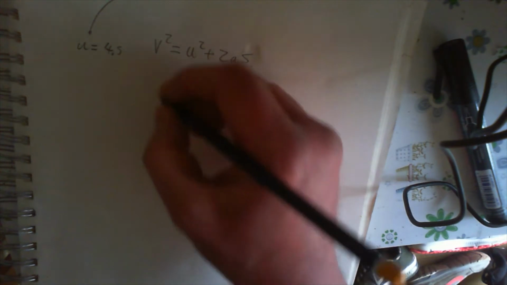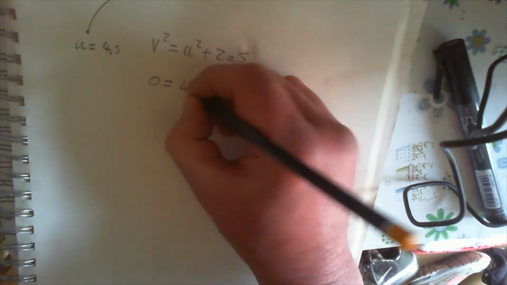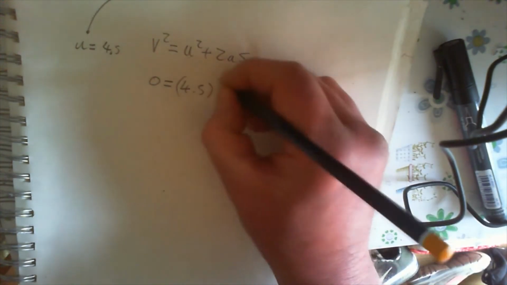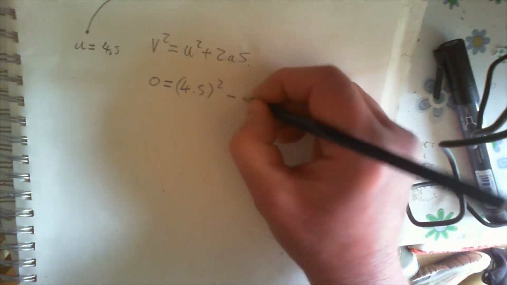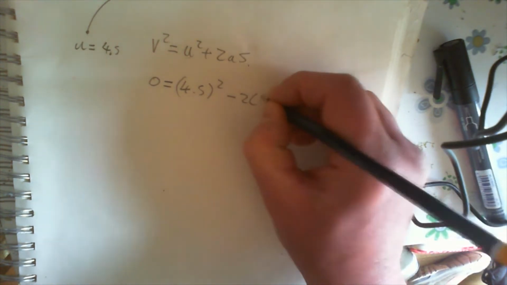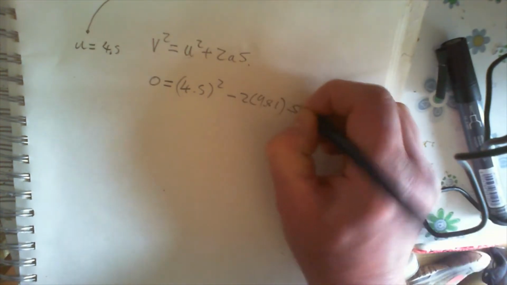So we'll plug those values in. 0 equals 4.5 squared minus 2 times 9.81 times s.